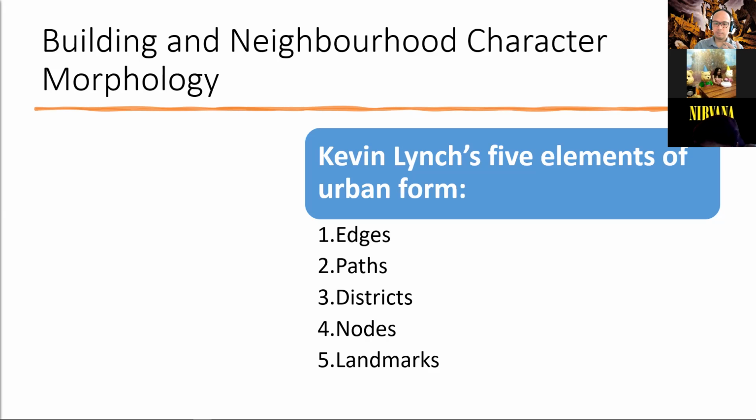He posits five elements of urban form: edges, paths, districts, nodes, and landmarks.